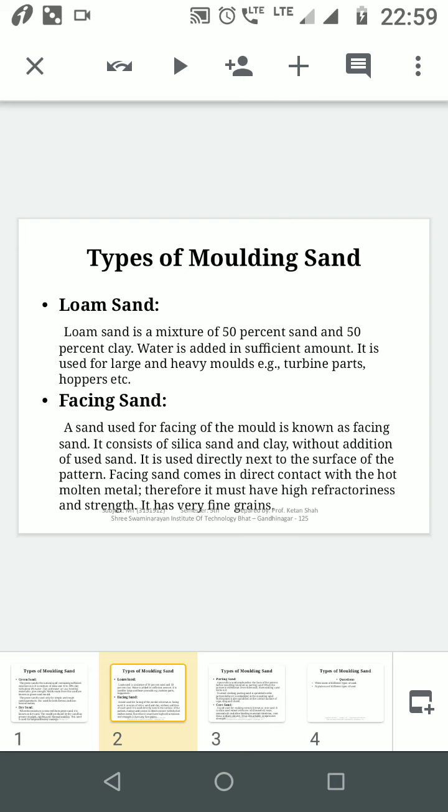Whatever face we are keeping inside that mold, on that face we have to sprinkle this facing sand. Facing sand comes in direct contact with the hot molten metal. Therefore, it must have a high refractoriness and strength. It has very fine grains.